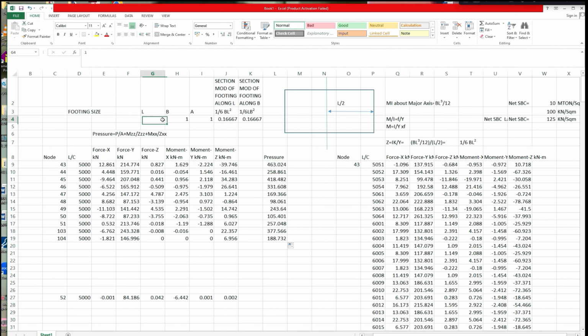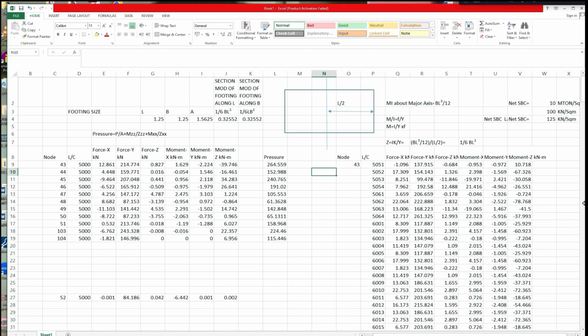So let us now try with 1.5 by 1.5. Still, so 1.25 by 1.25. Okay. There are two footings in which 1.25 is working.